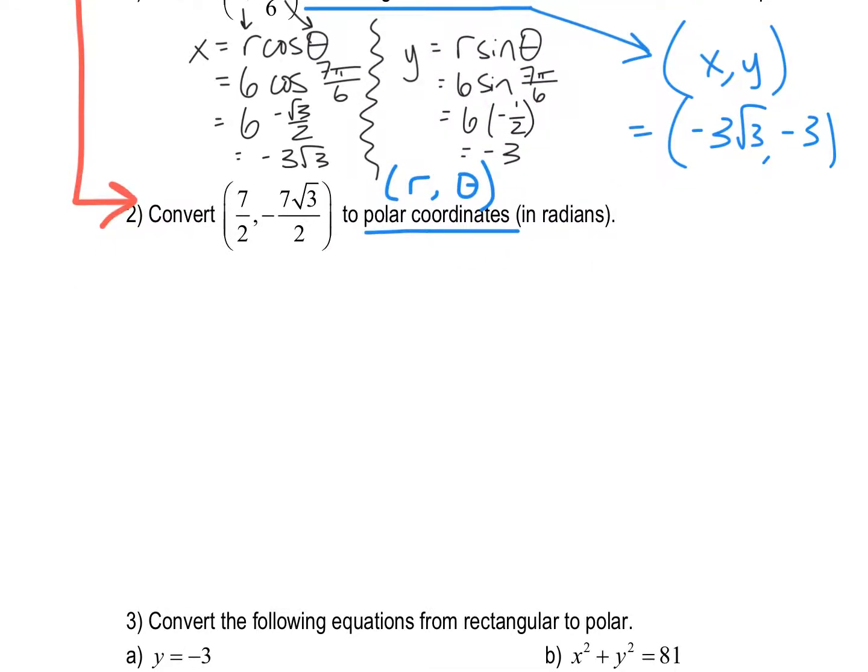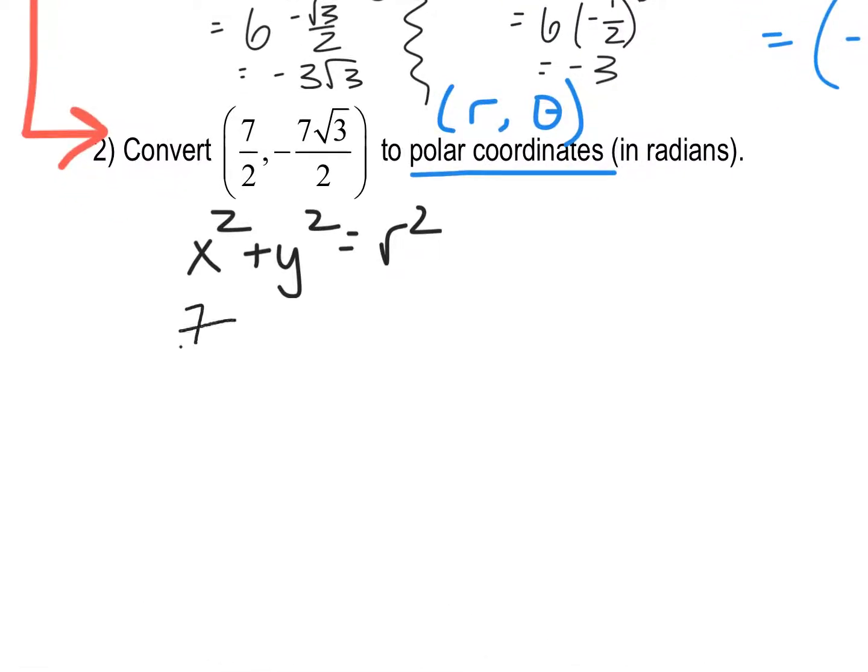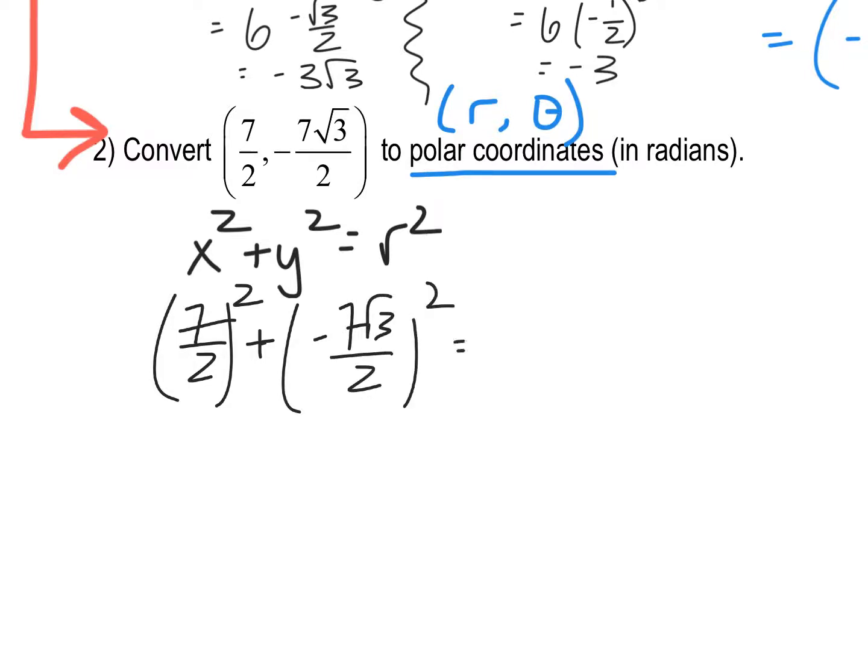I'm going to start with x squared plus y squared equals r squared. I'm going to plug in my x value and square it, plug in my y value, and that's going to help me figure out what the r is. So this gives me 49/4, and 147/4.